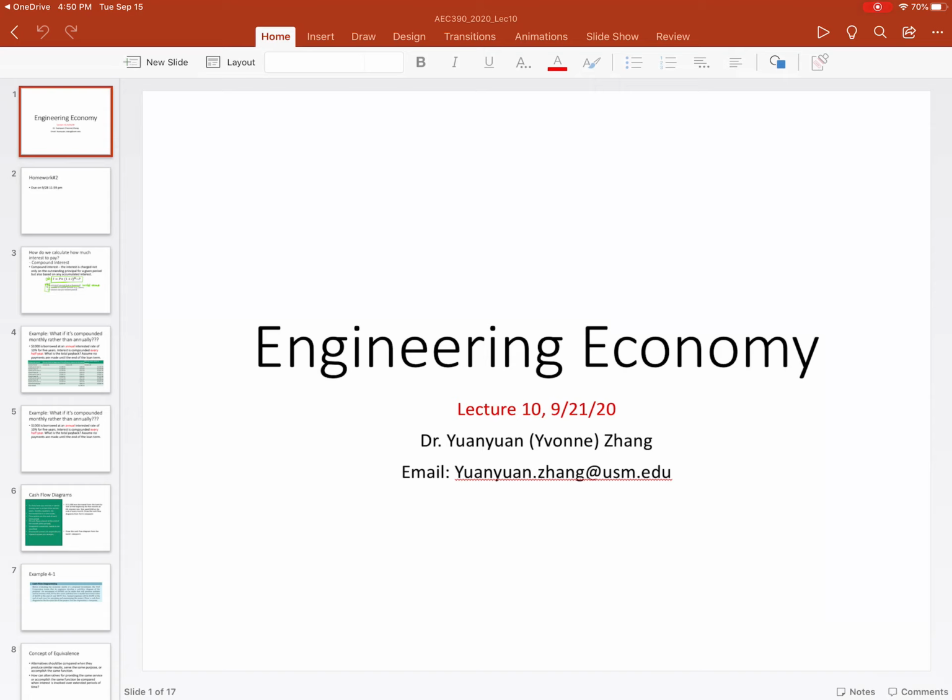So in the previous class, we started chapter 4. We said chapter 4, we're going to talk about interest. And also we will use the cost estimating technique we have learned in chapter 3 to calculate all the costs, and then illustrate these costs and expenses for the lifespan of the project.